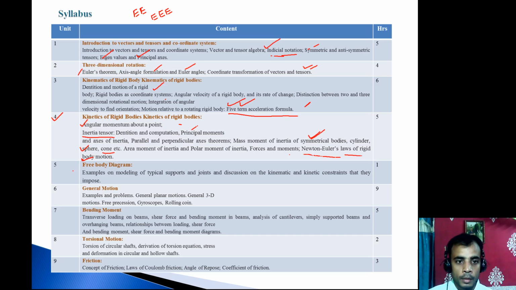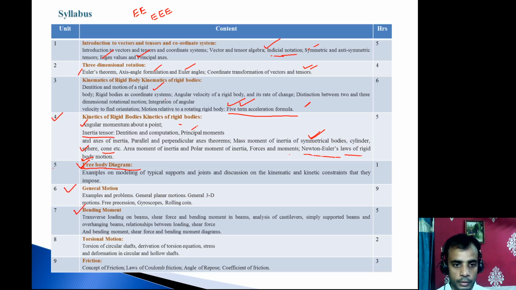Okay. Then, before going to discuss all these things, that means modules 1, 2, 3, 4, we will first learn about the free body diagram, what is a free body diagram and how free body diagrams are drawn. You need to understand. Okay, then we will have the general motion, module 6.